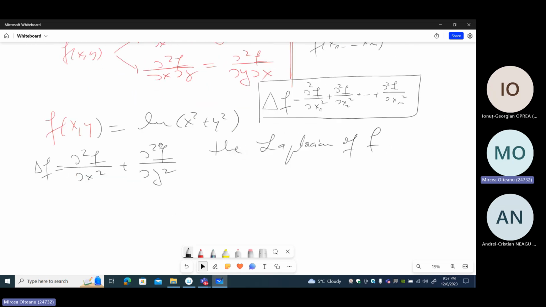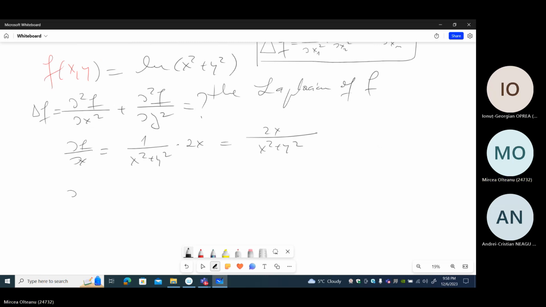Please compute the Laplacian of this function and tell me the result you got. I shall also make the computations myself. Of course, we need first to compute the first order partial derivatives, which are given by these simple expressions.